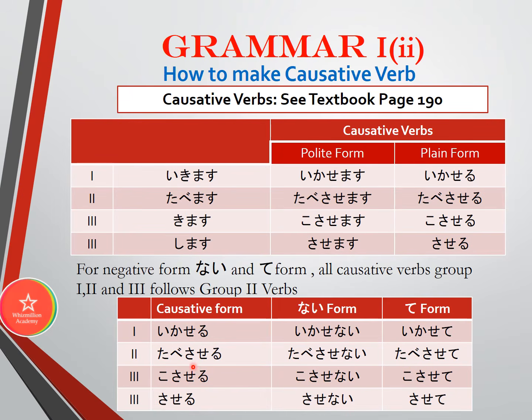Same goes for all the other verbs. Tabesaseru becomes tabesasenai, tabesasete. Kosaseru becomes kosasenai, kosasete. Saseru becomes sasenai, sasete. So it's quite simple, right? This is the way to convert a normal verb into causative verb form, shieki form.